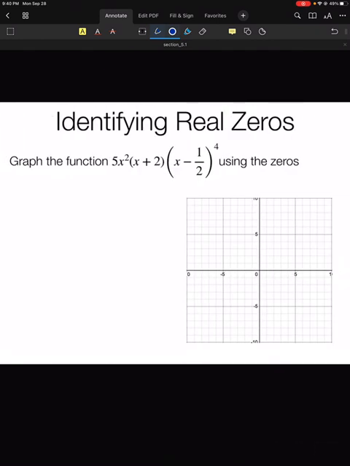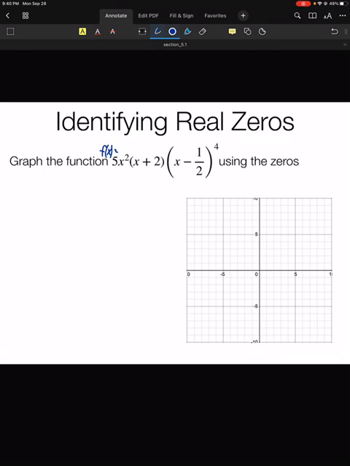Let's look at graphing the function based on using the zeros that we found in our last video. This is the same function. We can call this f of x, and we want to graph this function, but first we're going to use the zeros to do it.